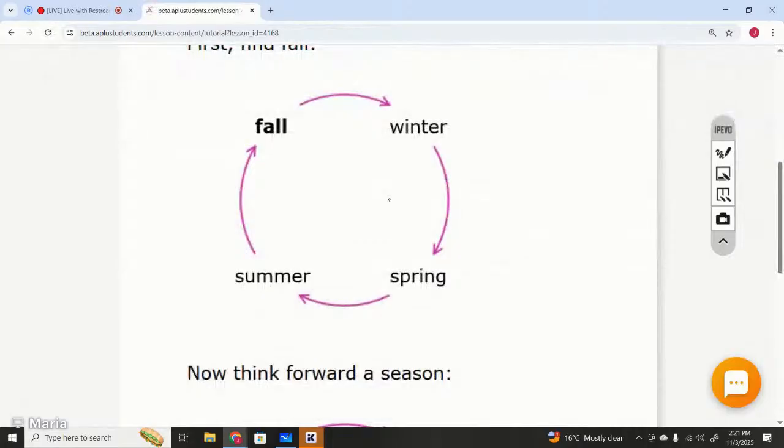They are winter, spring, summer, fall. So the seasons make a cycle, right? The cycle means that before fall it is summer, and after fall it is winter. Then after winter it is spring.